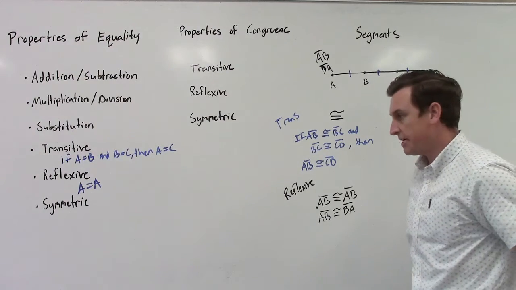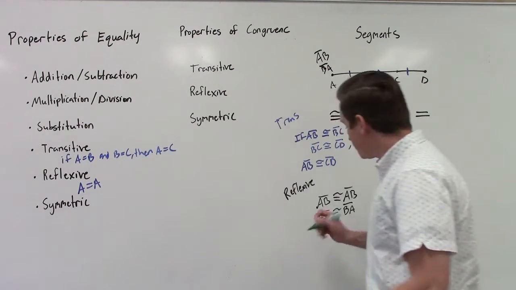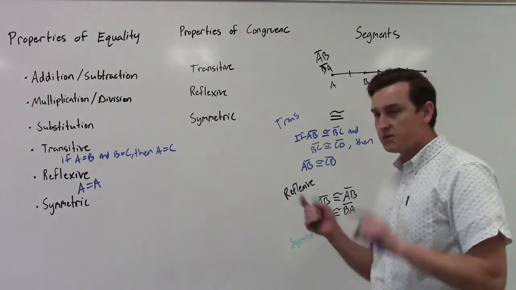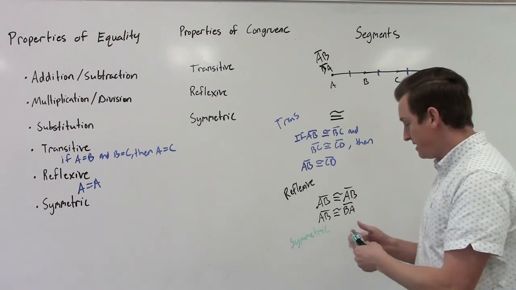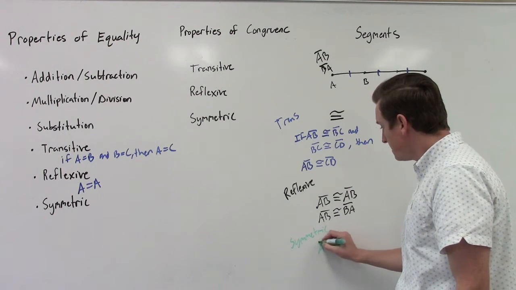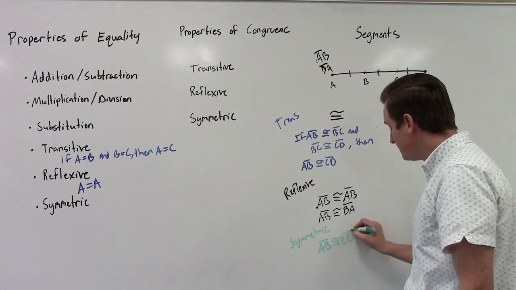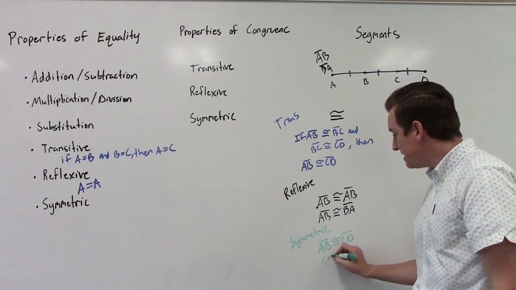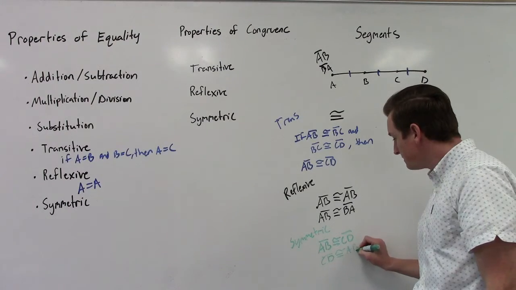Let's take a look at symmetric. This is where we can change the order of what's on either side. If I had AB is congruent to CD, I can swap that. I can turn it around and say CD is congruent to AB.